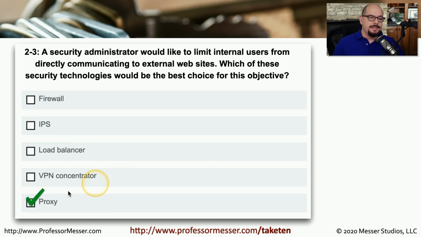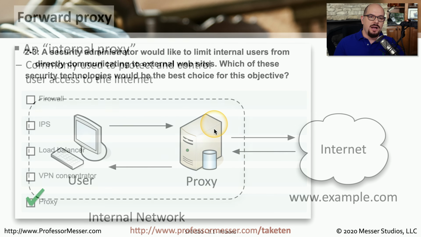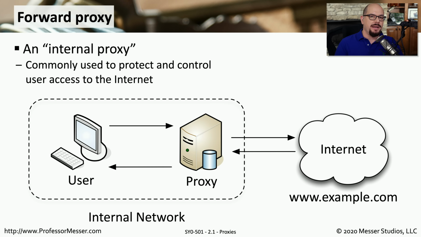And the answer is a proxy. Proxies are commonly used as a security mechanism, and when you're using a forward proxy, this is sometimes called an internal proxy, the proxy sits inside of your organization. Users then make their requests to the proxy, and the proxy then makes the request out to the website that's somewhere on the internet. That website on the internet responds back to the proxy.